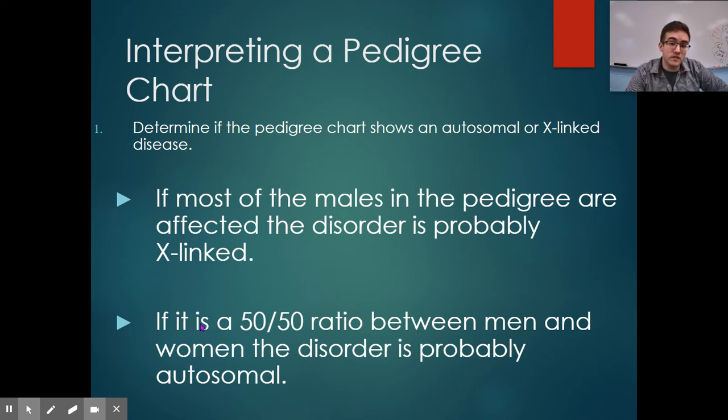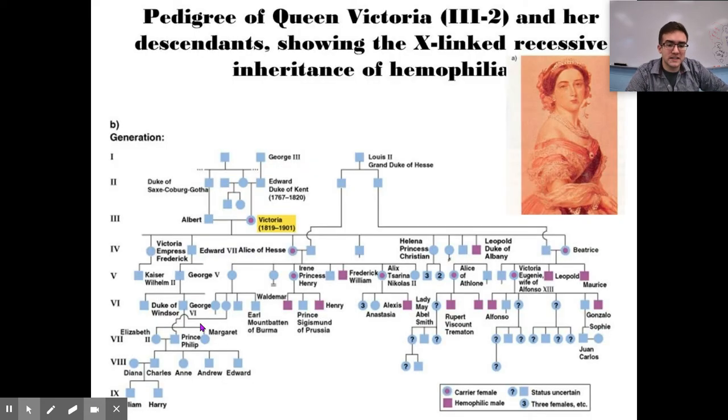If it's a 50-50 split between males and females, or real close to 50-50, then the disorder is autosomal. So what does that look like in the pedigree? Well, it looks like this. This is the pedigree of England's royal family. It shows that in the royal family, there is hemophilia, going back to Queen Victoria.